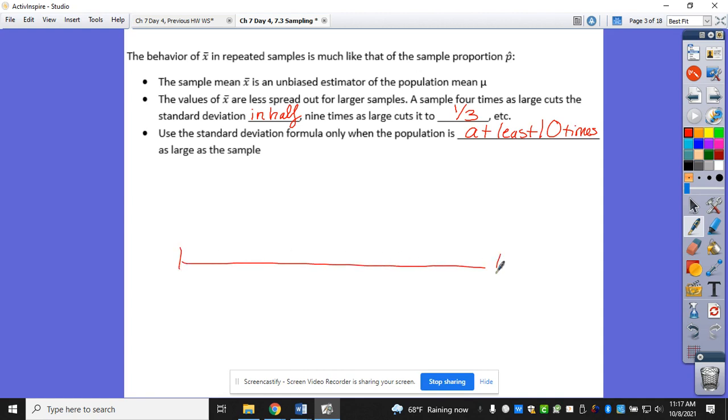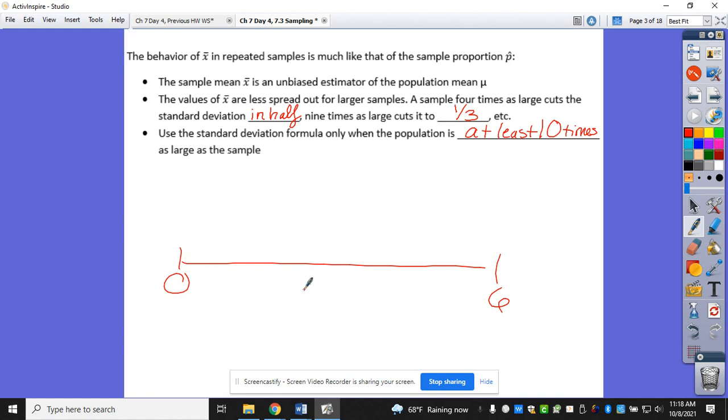Very generally speaking here, I don't know what GPA goes to now. Something like this. If I take a sample of people and I put a dot on this graph for their GPA, are all of my dots going to be similar? No. Am I going to get some people that have a GPA down here? Yes.